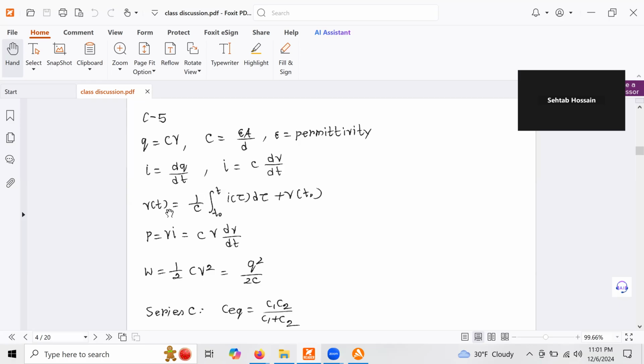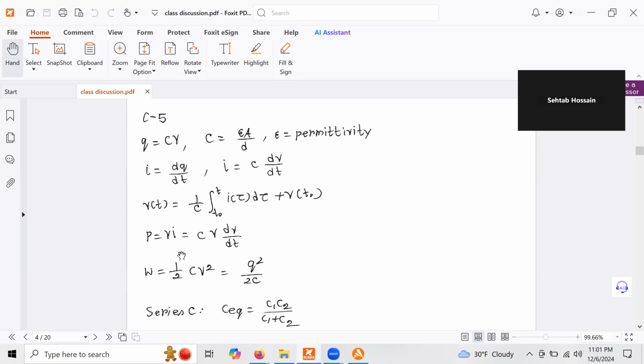So we integrate, and that becomes V as a function of t, equals 1 over C, where C is the capacitance, integral from t0 to t of I with respect to tau, plus V(t0). V(t0) is the previously stored charge over here. Sometimes it may be 0.